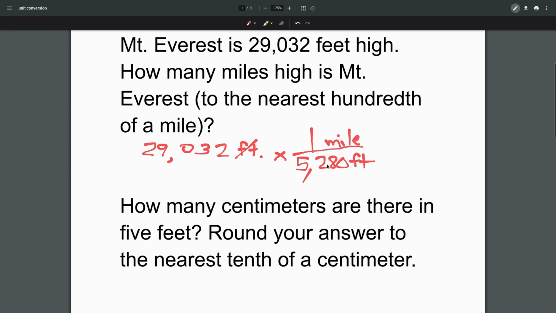So the feet cancel out here. And now we've got to divide 29,032 by 5,280.